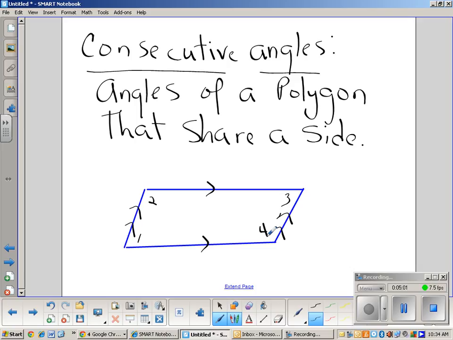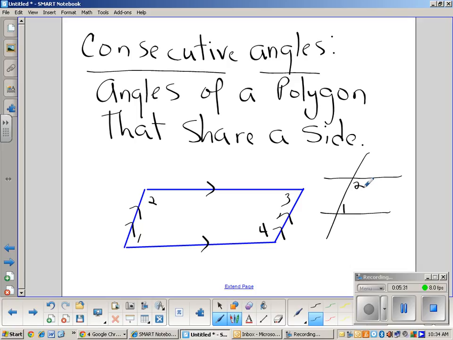Now, what does that mean? If we think back to two parallel lines and a transversal, if I just draw this as two parallel lines and a transversal, and I've got angle 1 and 2, what does that mean? They add up to 180. They're supplementary. Okay?